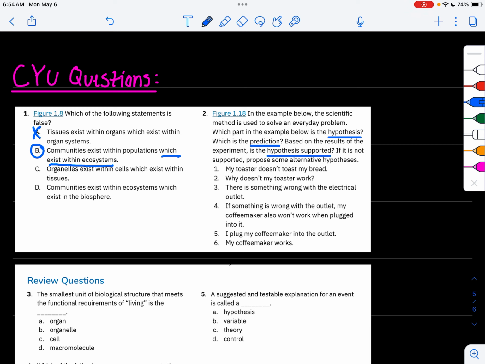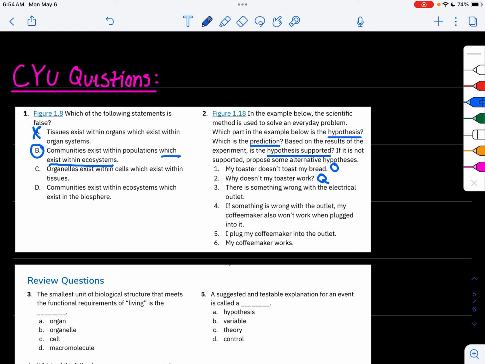Okay, and welcome back. So, let's see which part is the hypothesis. My toaster doesn't toast my bread. What part of the scientific method is that? That is an observation. Why doesn't my toaster work? That's a question. It ends in a question mark.